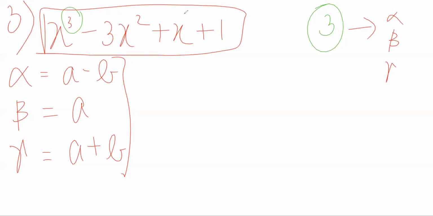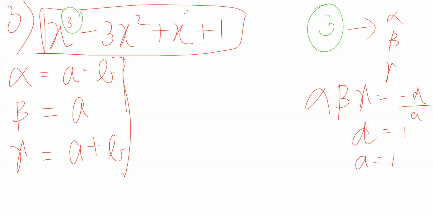Now we also know that alpha into beta into gamma is equal to minus d by a. When you compare it with the general form, you get d as 1 and a also as 1. So let's take the product of all these three terms, a minus b into a into a plus b.